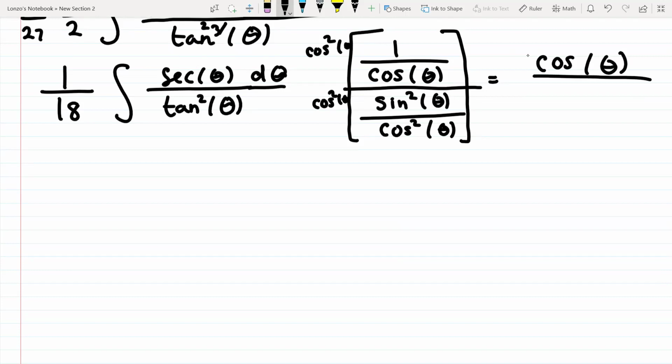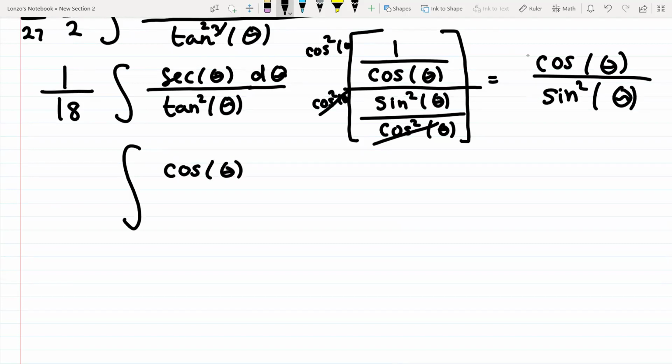And on the bottom, cosine squared theta times sine squared theta over cosine squared theta leaves sine squared theta. So this whole thing simplifies as cosine theta over sine squared theta d theta.